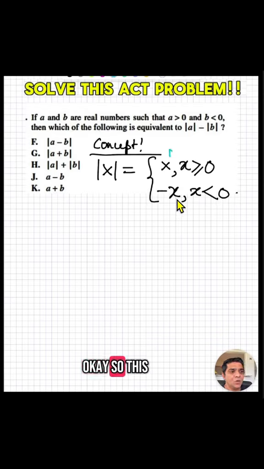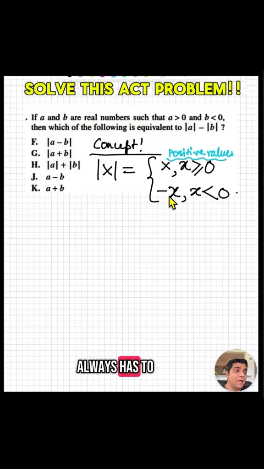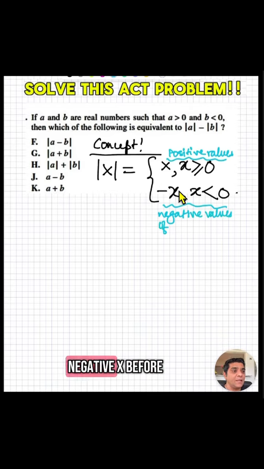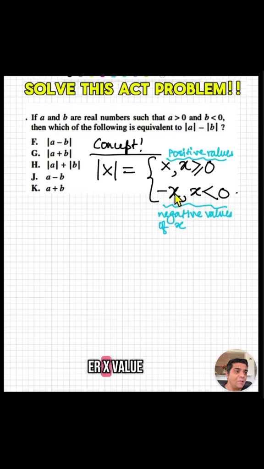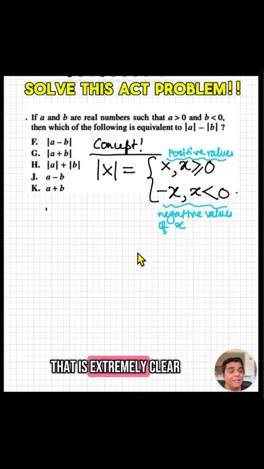Since the outcome always has to be positive, one of the answer choices is positive x and the other is negative x for all the negative values of x, because when you substitute the negative x value, you'll still get a positive number. Okay, so hopefully that is extremely clear.